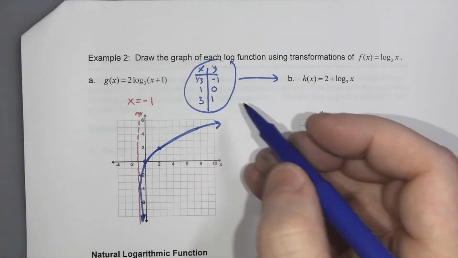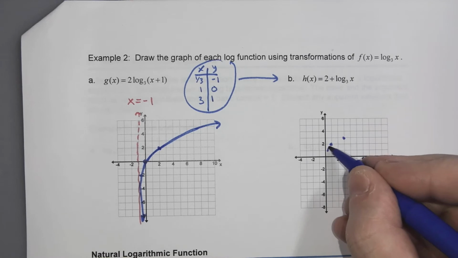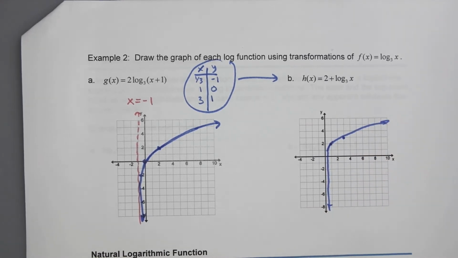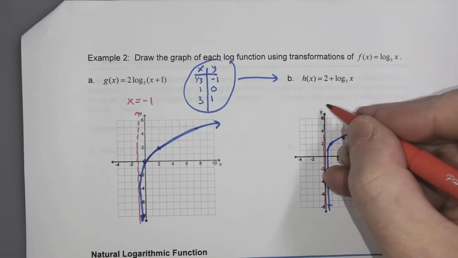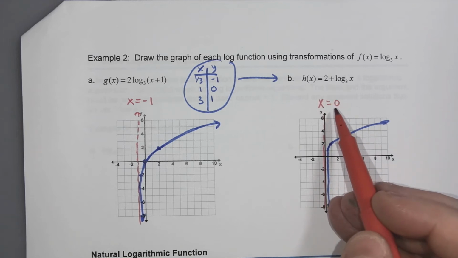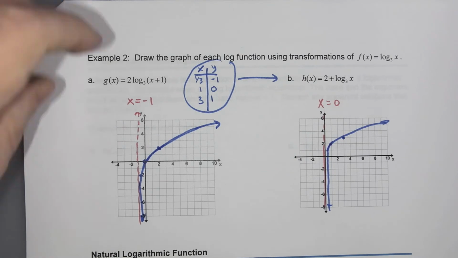And (1/3, -1) shifted up 2 becomes (1/3, 1). So there is our graph this time. The asymptote is still at x equals 0 because a vertical shift does not affect a vertical line, right? Shifting this line up and down keeps it in the same spot.